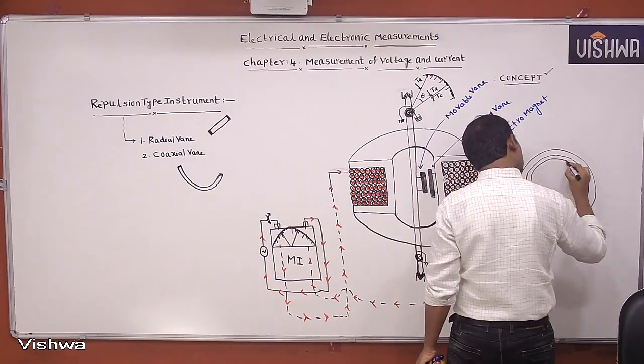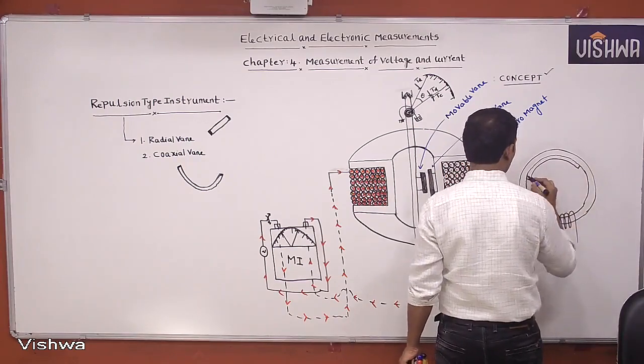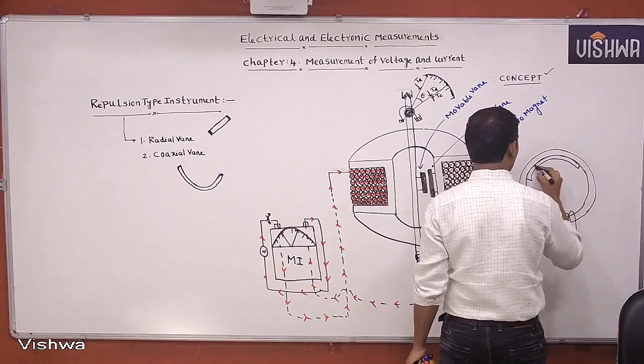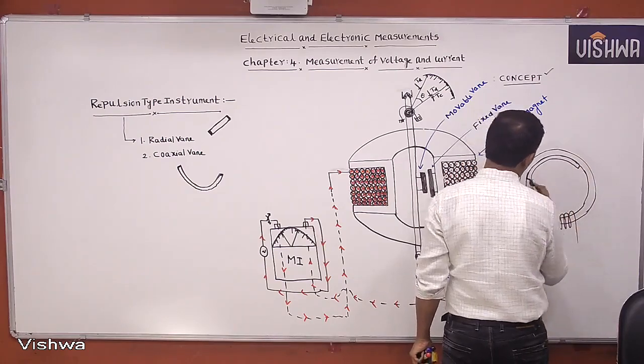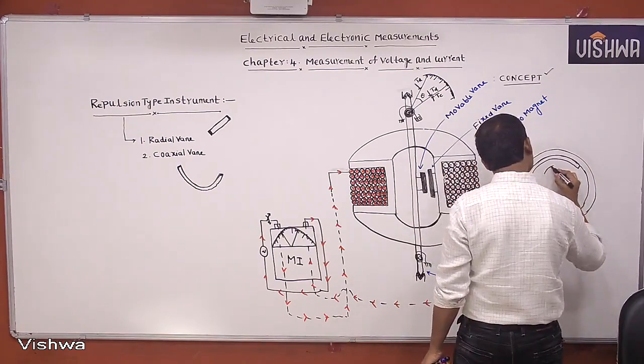This is the coaxial vane. The iron piece is like this.